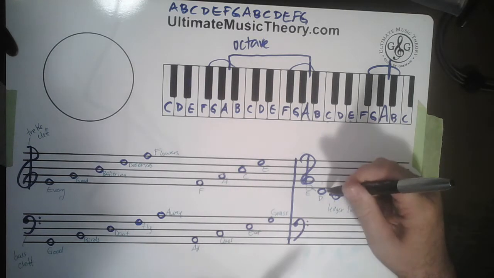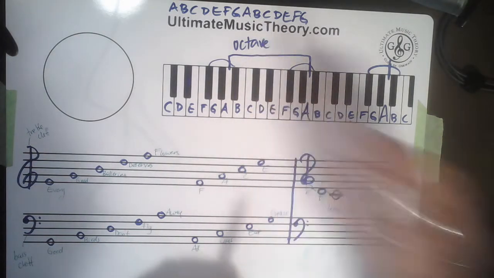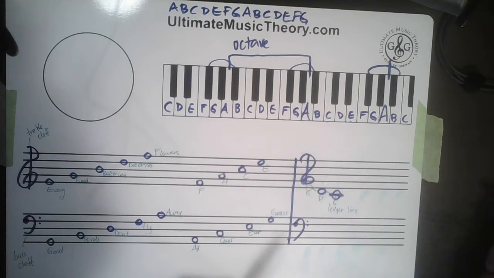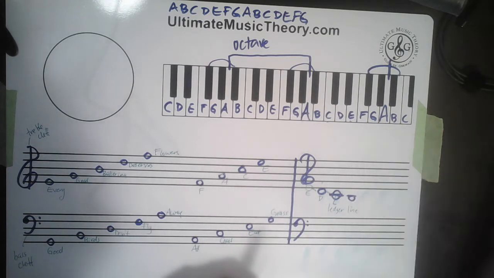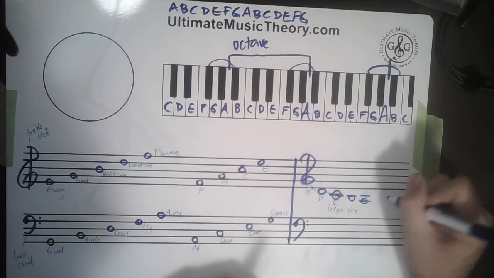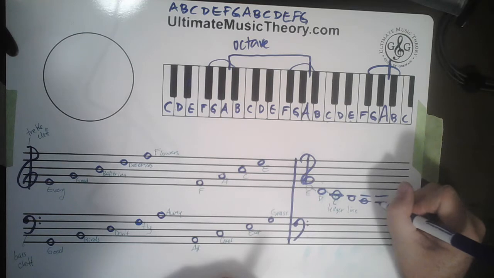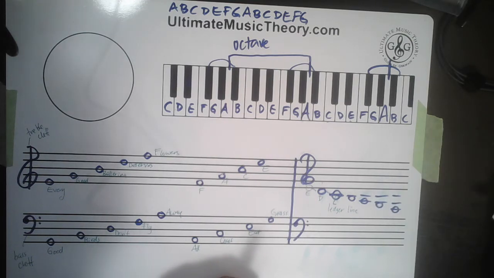And you can see it's going down. So what's one note down from D? D goes down to C. And if we wanted to, we could just keep going. That's one note lower. That's another note lower.